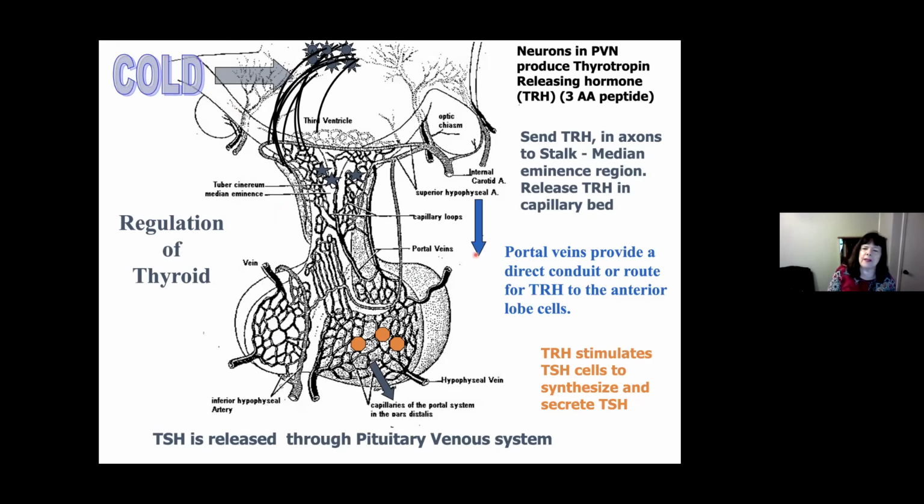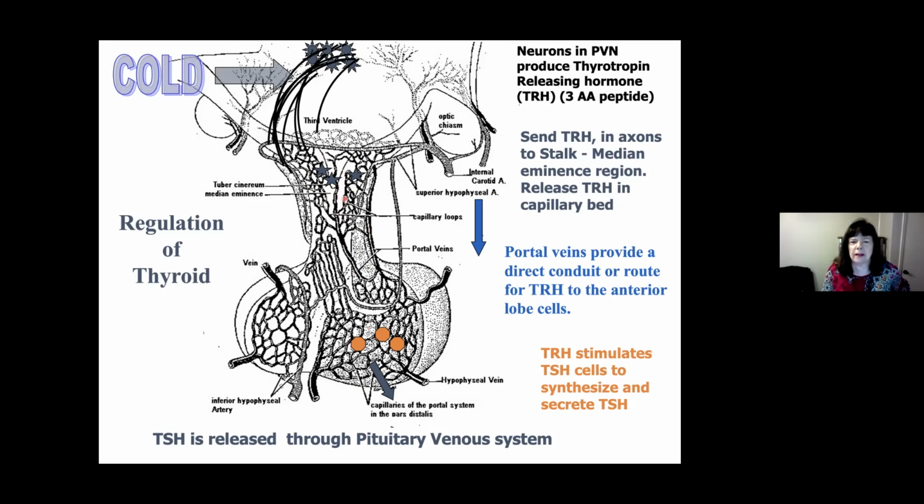All right, again, this is a great picture to show the blood supply, and this is the last time you'll see it, but it gives you another review. So here your TRH neurons are at the top, and this is the capillary plexus in the stalk median eminence region where they secrete. And then this is a nice picture of the portal veins, which are connecting this set of capillaries to this set of capillaries.